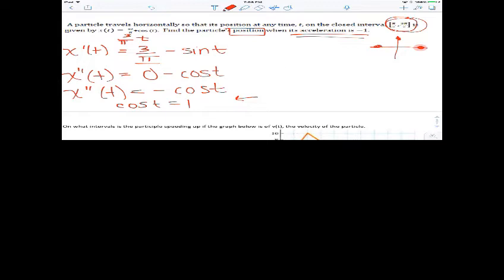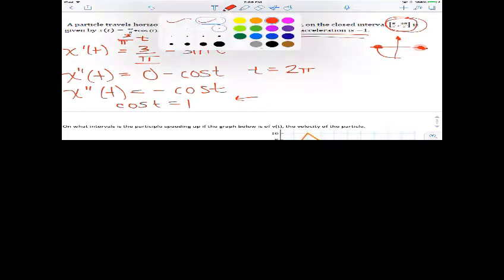So at 2 pi, right, t would equal 2 pi. And then 3 pi would be here. 4 pi would be back around. And that is past 5 pi over 2. So actually, we are good with just 2 pi because that's 2.5 pi. So that's my t value.